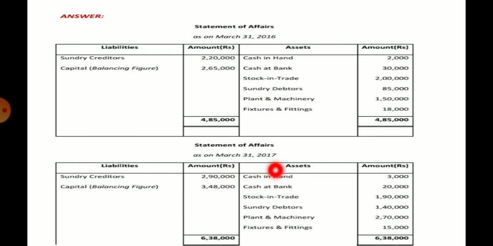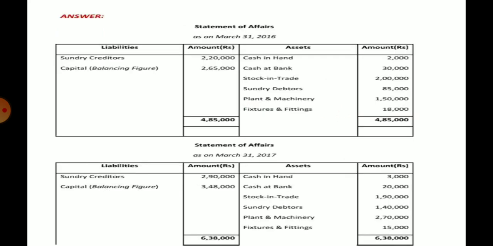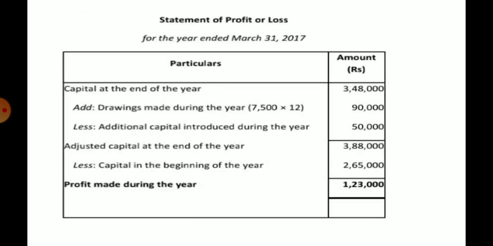Statement of affairs 2017: you have to make statements of affairs for 2 years, and after that we make the profit and loss statement. Capital at the end of the year is 3,48,000, which is the balancing figure of 2017.